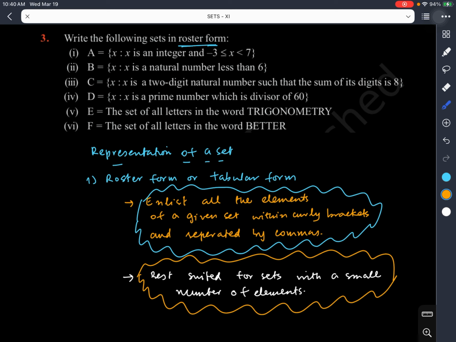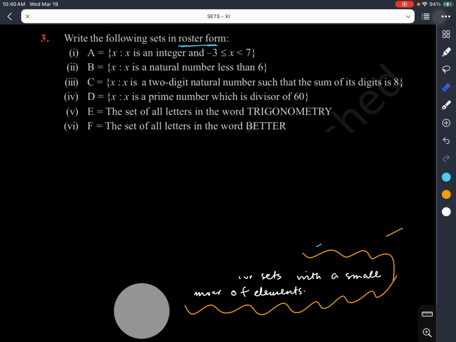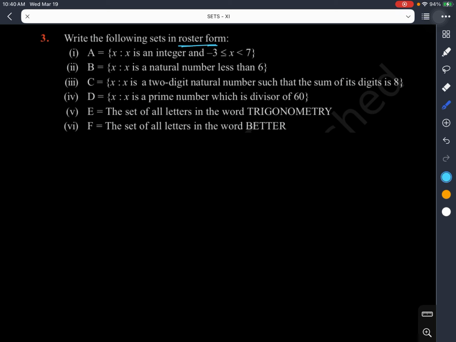These are the 2 points to be kept in mind while representing a set in roster form. Now let's try to solve this very question. Part number 1 is the set of all x such that x is an integer and x is greater than or equal to -3 but less than 7.